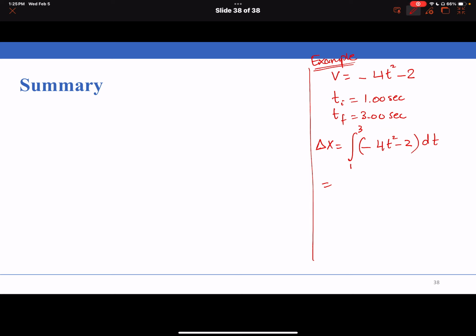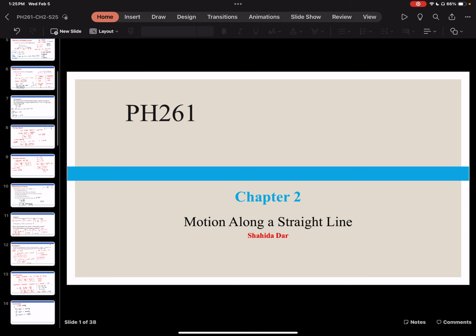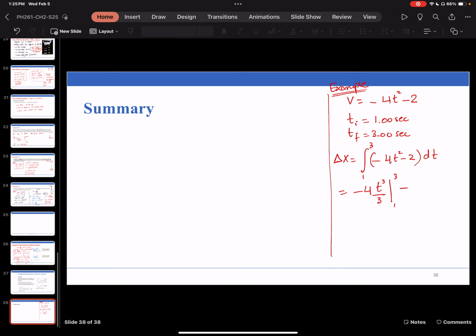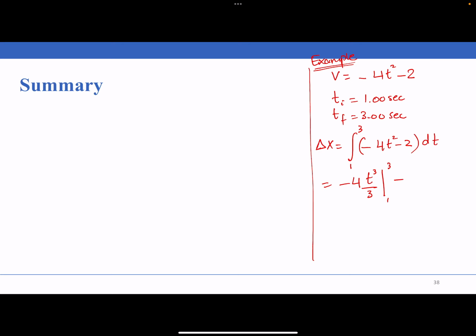So we will integrate them one by one. Negative 4 is constant. The integral of t squared is t to the third divided by 3. Limits are 1 to 3. The second part is just negative 2 times t.